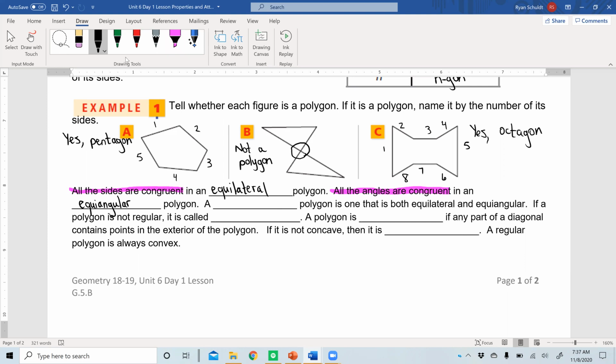Then we have what's called a regular polygon. A regular polygon is both equilateral and equiangular. If a polygon's not regular, then it's called irregular.